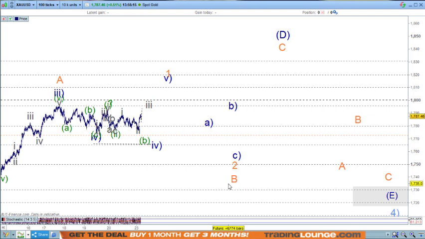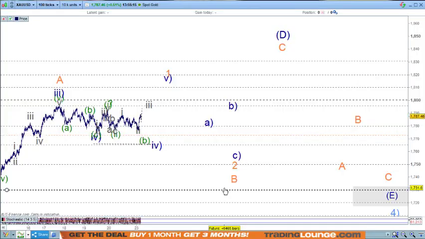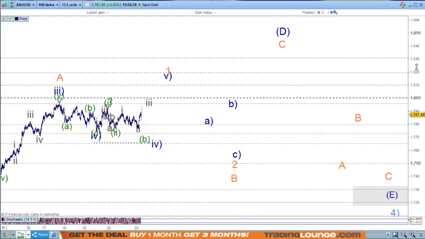So yeah, as physical gold holders, it's looking good because you don't really care about the $100 vibration, basically in swings.